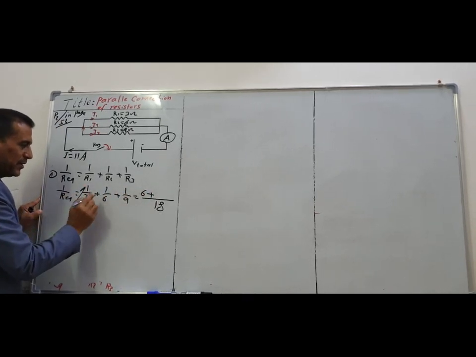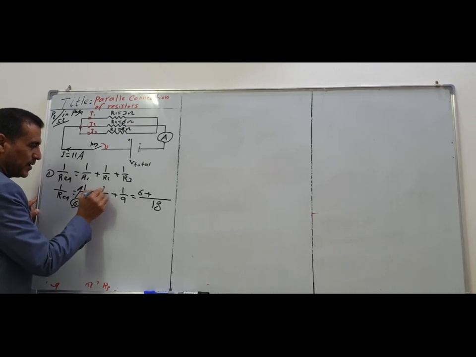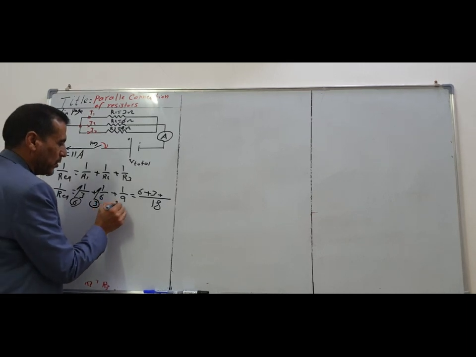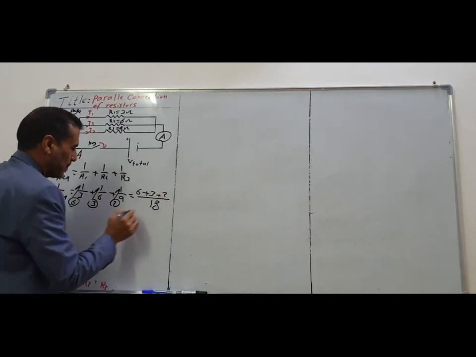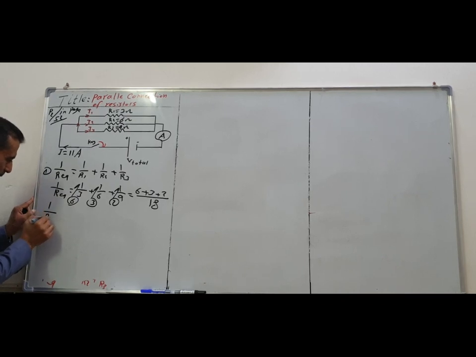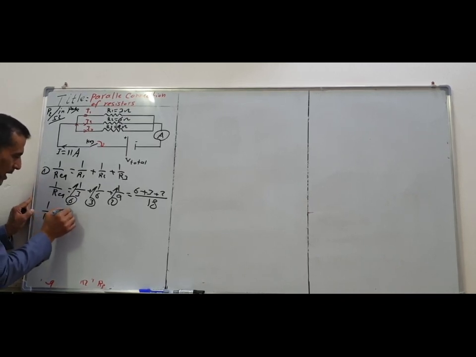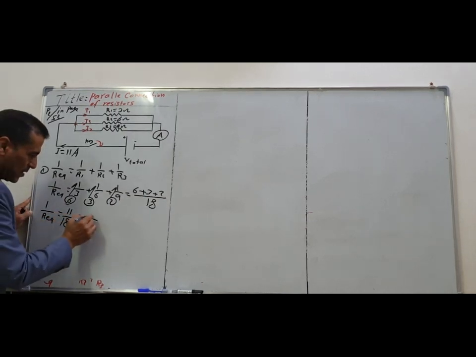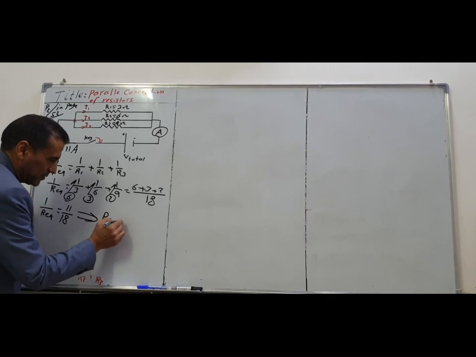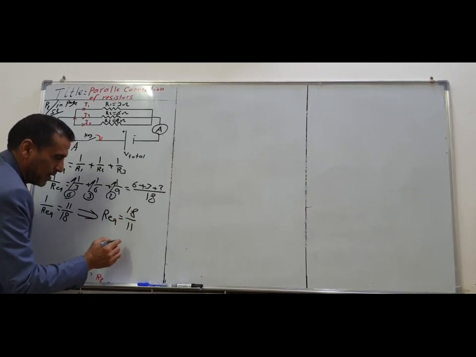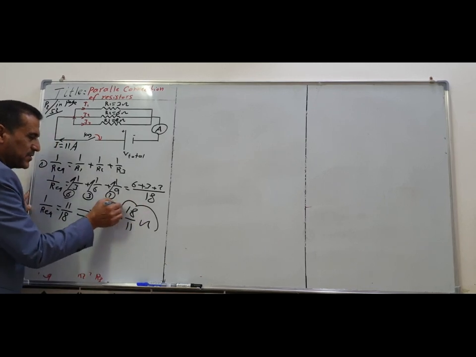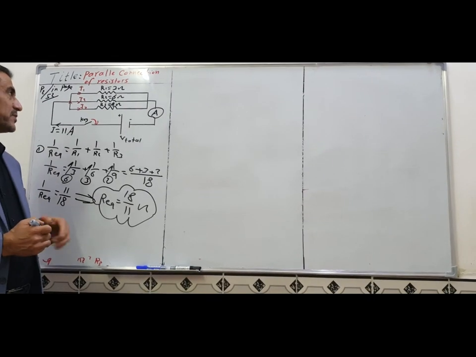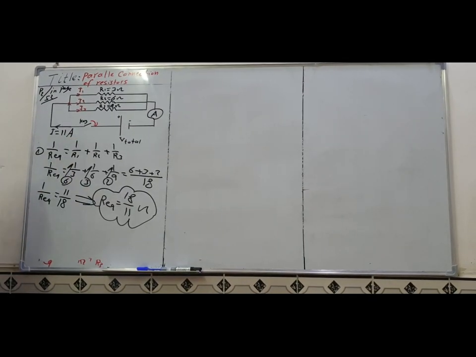Plus 18 divided by 6 equals 3, 3 times 1 is 3. Plus 18 divided by 9 equals 2, times 1 is 2. 1 divided by R equals 11 divided by 18. R equivalent equals 18 divided by 11 ohm. This is the magnitude of the equivalent resistance of the electric circuit.